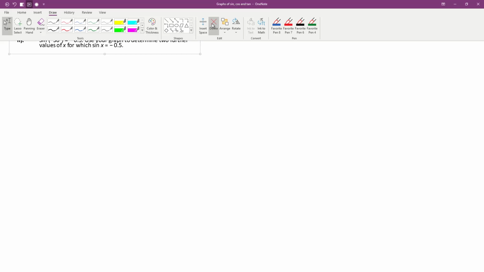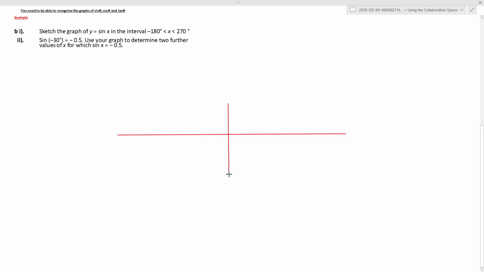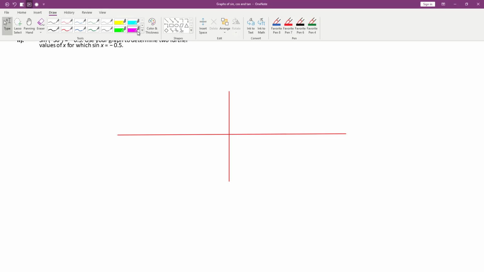Okay, this time our example says sketch a graph of y equals sine x in an interval of minus 180 to 270. So let's do that to start with. Make sure this line is long enough this time. Okay. So back to the pen again.